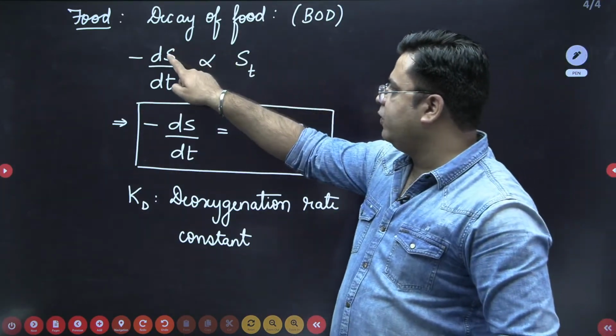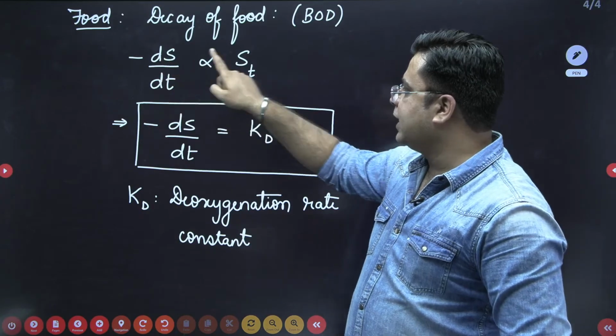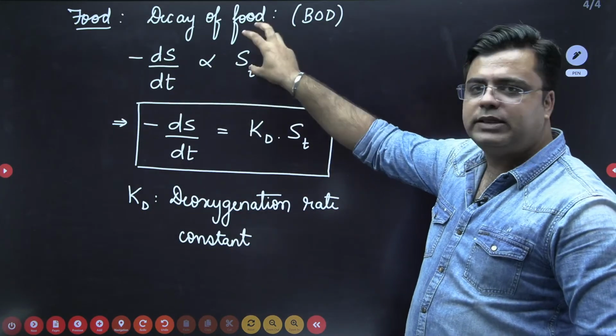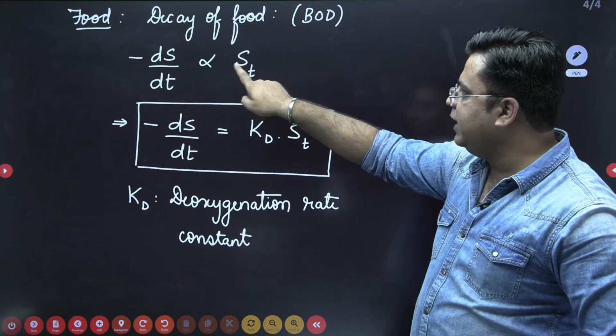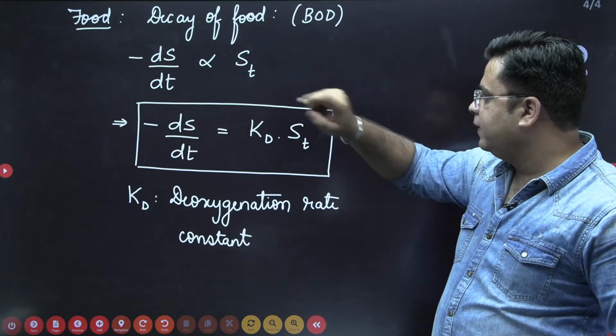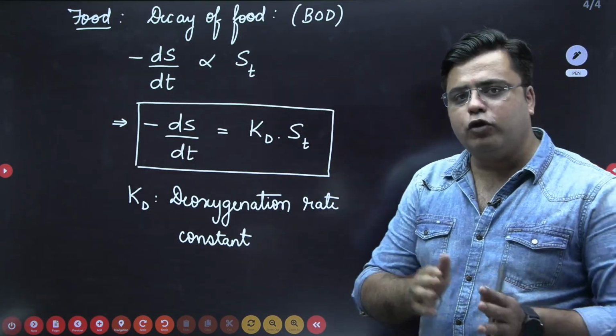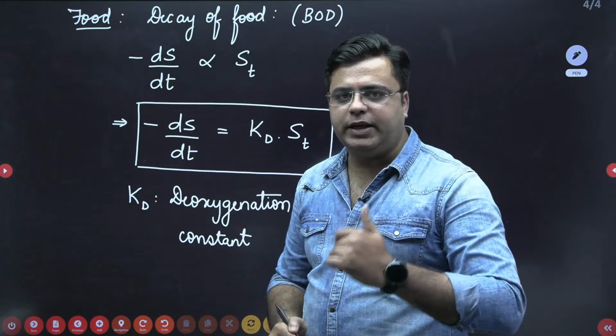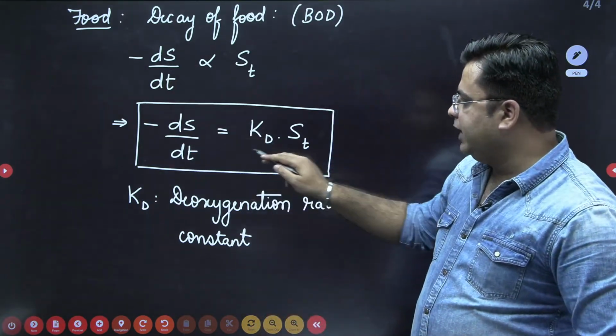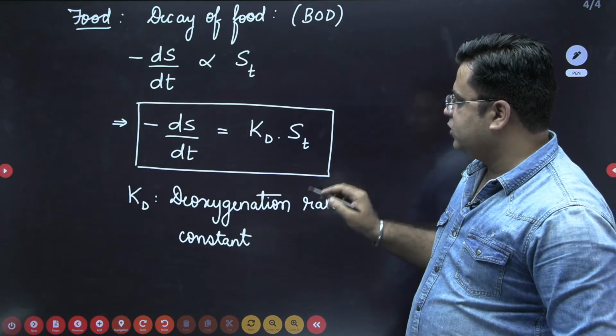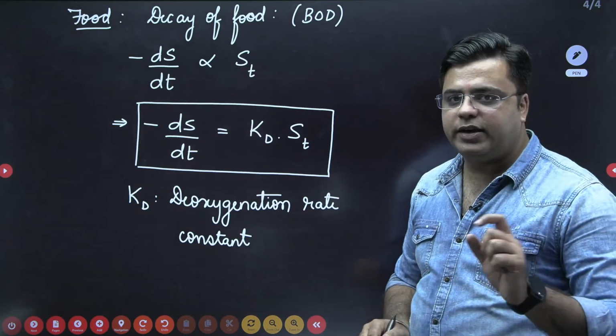The rate of decay of food is directly proportional to the food present in the system. So minus dS by dt is directly proportional to St, where St is the food present in the system after time t. So minus dS by dt is equal to Kd into St. This is our first expression related to food.